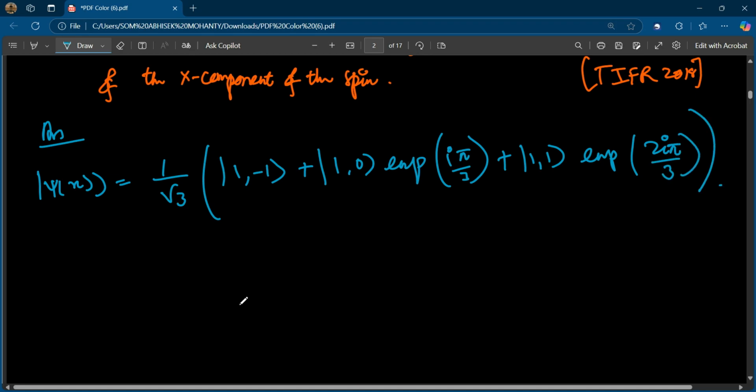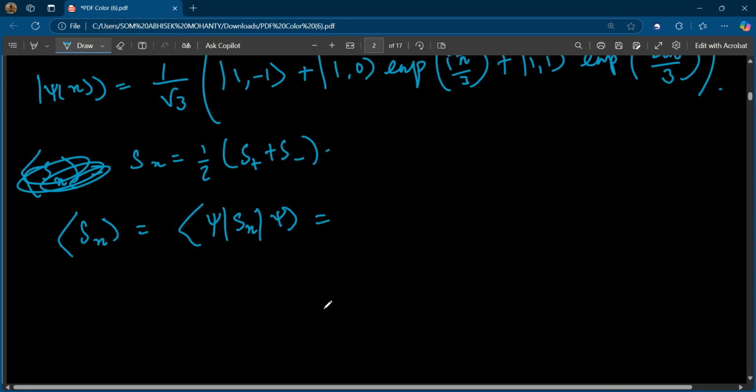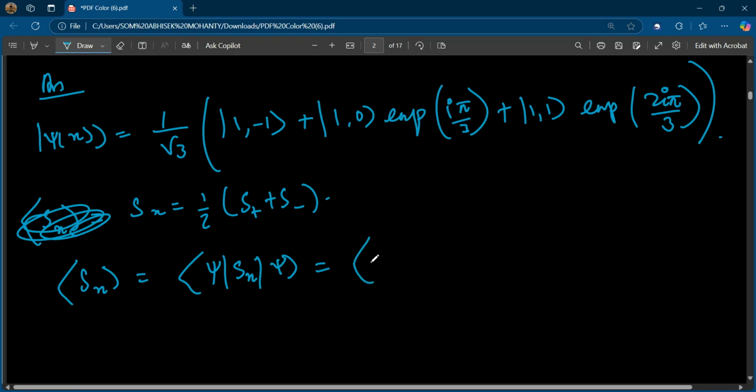Alright. So first of all, Sx can be written as what? Sx is your half of S plus plus S minus. Okay. So if we get the expectation value of Sx, that means we have to write something like this: psi, half S plus plus S minus, psi.